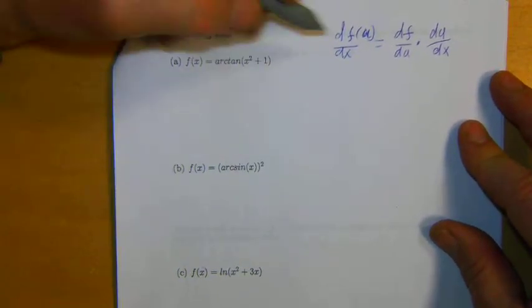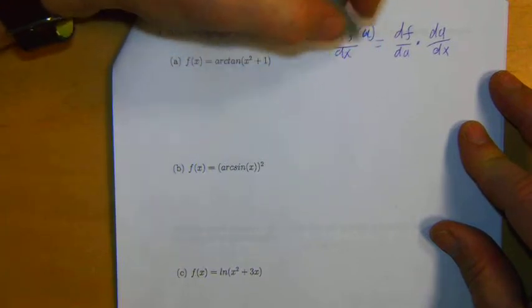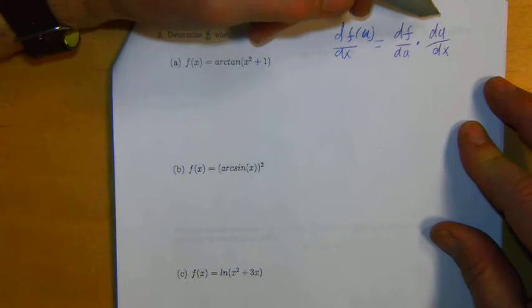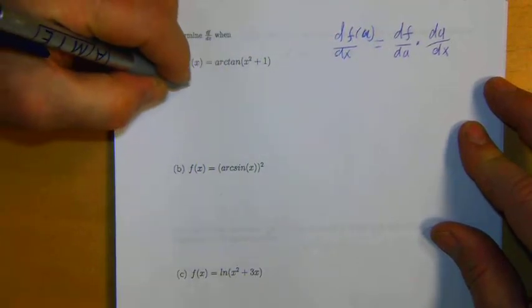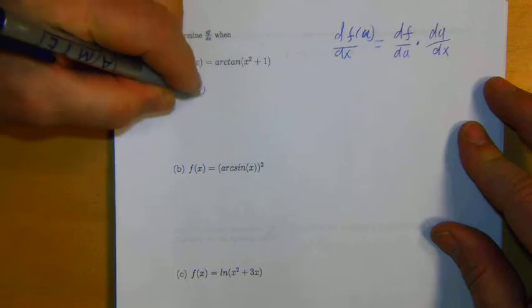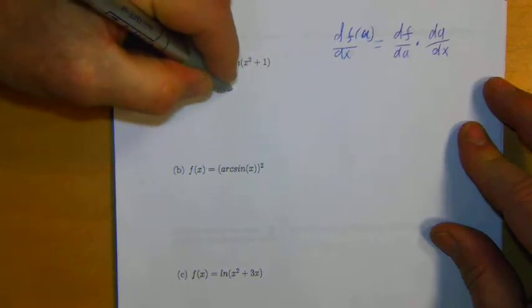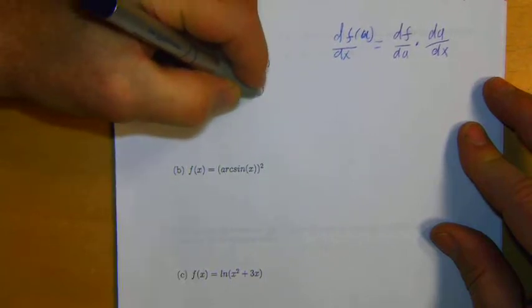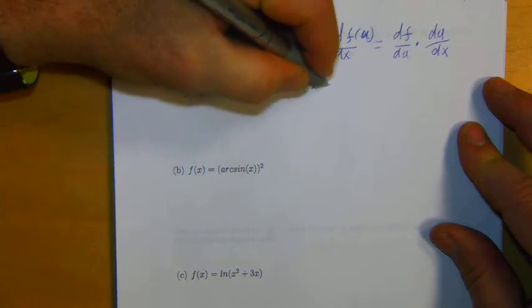Okay, so f of x here is arctan u, where u is x squared plus 1.